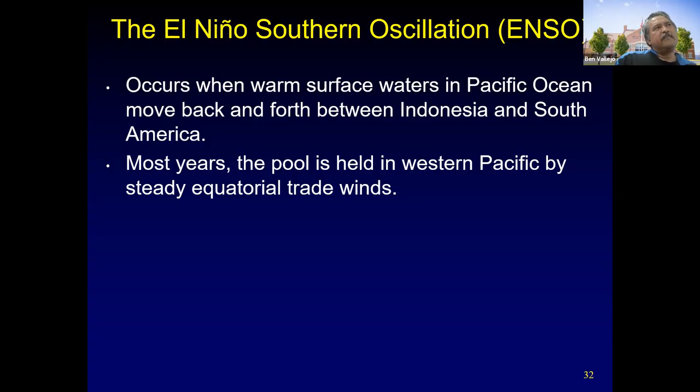As the currents come up there, we're used to getting some cold water from Alaska, but then you start getting those warm waters during an El Nino event. You'll see fish that you never expected to see in even Southern California.